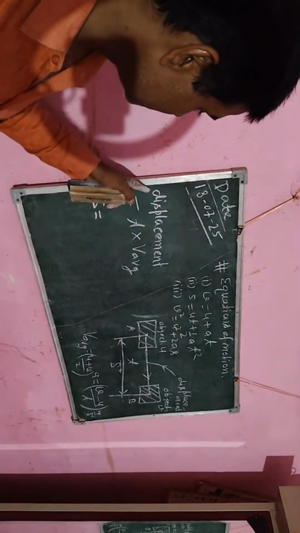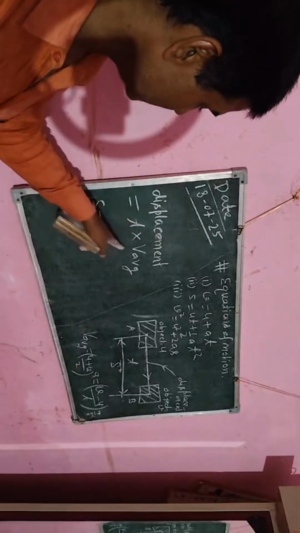But here in the case of displacement, I will write displacement equal to time into average velocity.